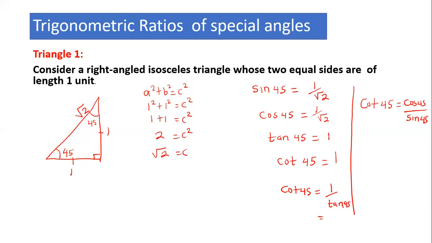But we know tan of 45 is 1, so you get 1 out of 1, which is 1. Alternatively, use this approach. Yes, Alvin, that is also okay when you rationalize.